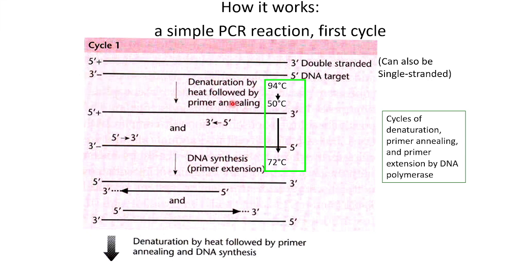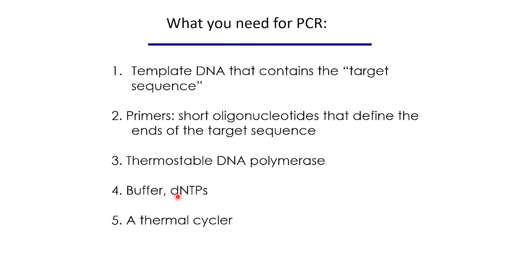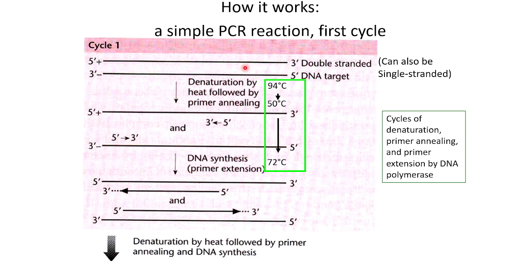After that you place it in the thermal cycler after putting all these necessary components inside that mixture, and after that you denature it at higher temperature, can be 94, 95, 98, depending on the type of enzyme or the type of reaction you want to set up. So this happens at a higher temperature, and then you undergo primer annealing.